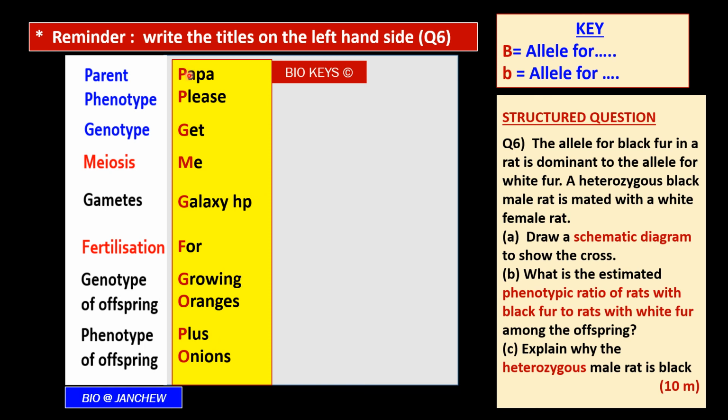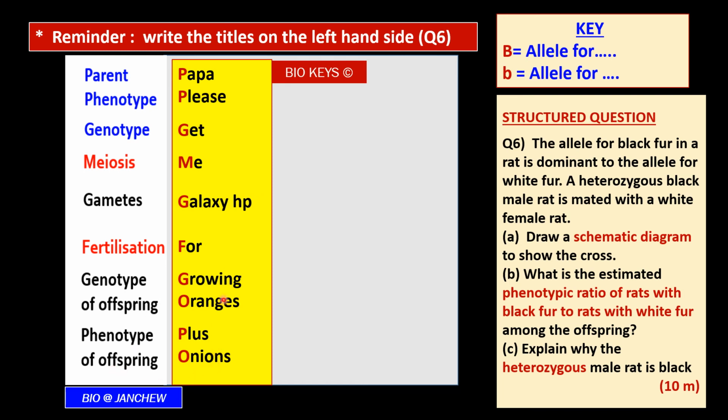The first letter of each word in our mnemonic stands for the first letter of each of the titles. P for parent, the next P for phenotype, G for genotype, M for meiosis, G for gametes, F for fertilization, G for genotype, O for offspring, plus P for phenotype, and O for offspring.